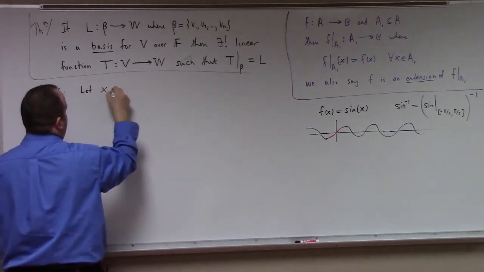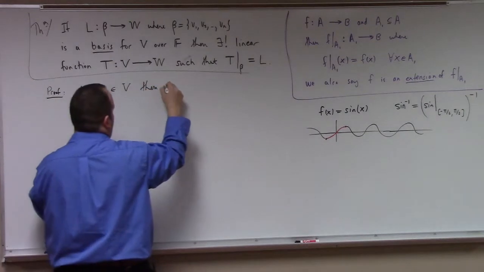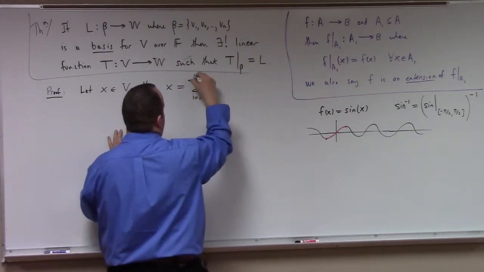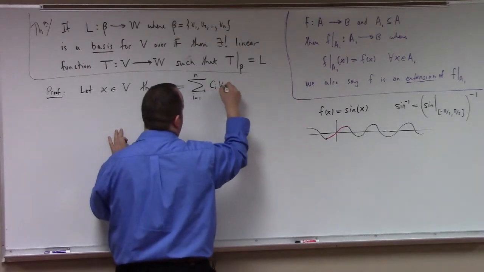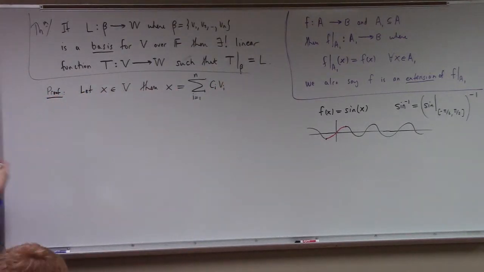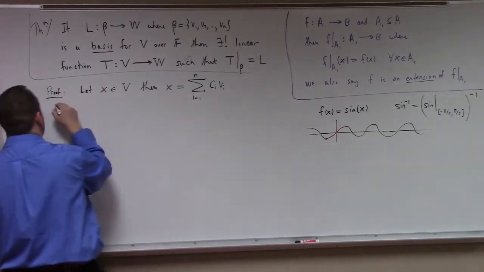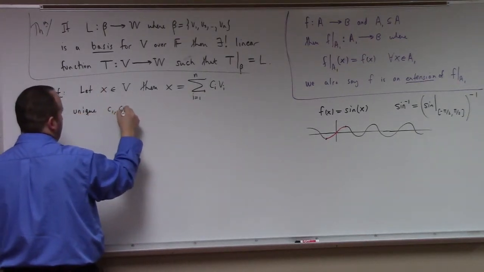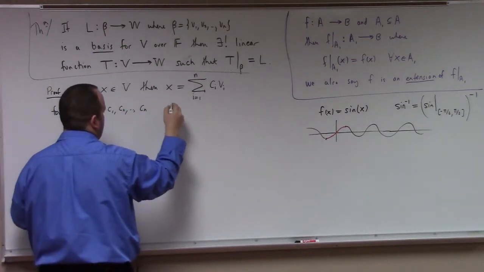Let x be an element of V, then x is equal to the sum, i equals 1 to n, of Ci Vi, because if beta is a basis, we can build any vector in V as a linear combination of it. And this is for unique C1, C2, Cn.